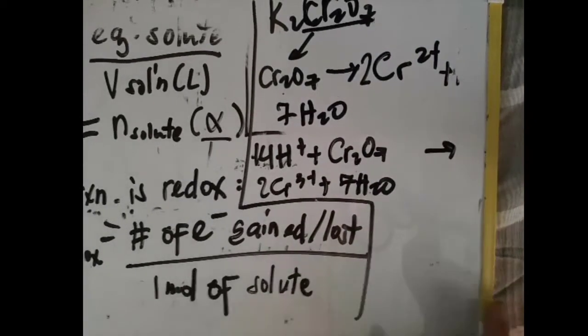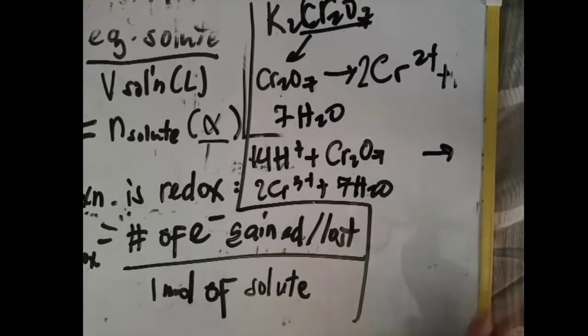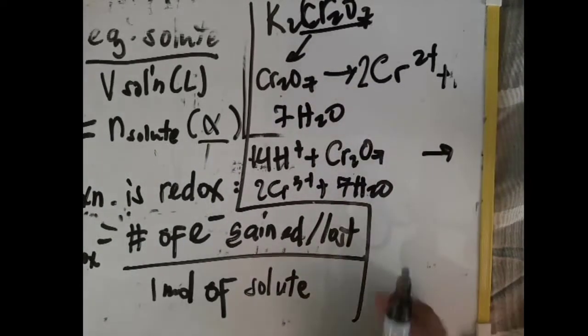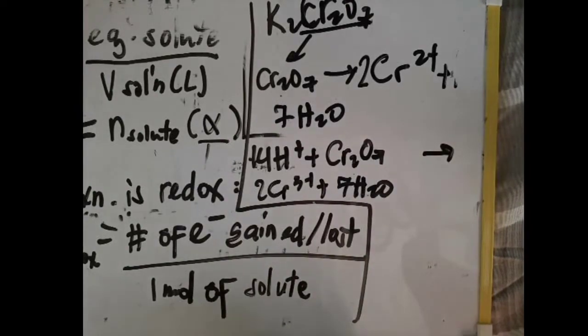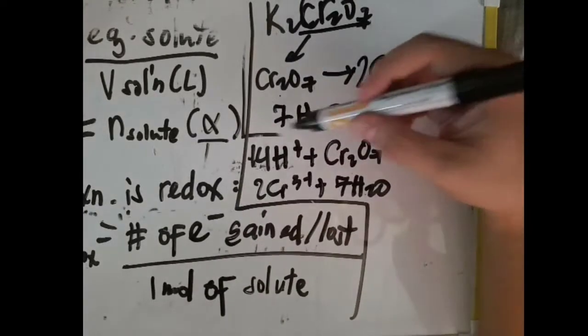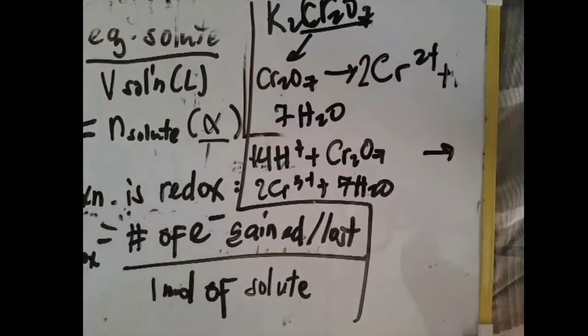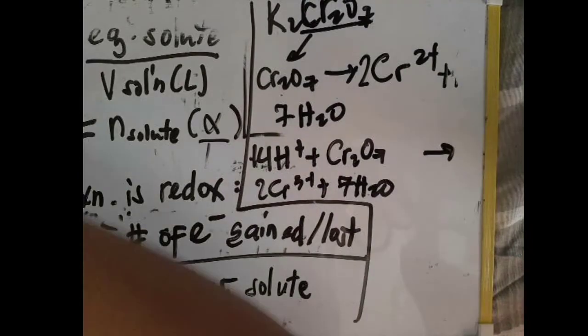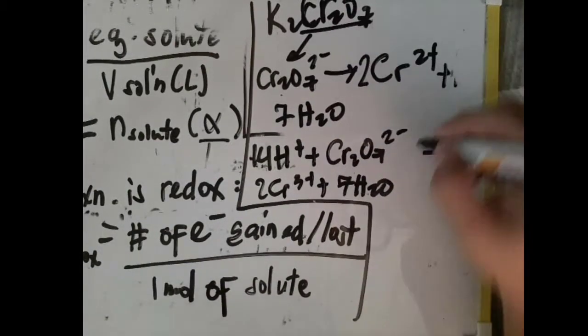Then finally, we balance the charges on both sides of the equation by adding electrons. Here on the reactant side, I forgot to put the charge of dichromate, which is -2.